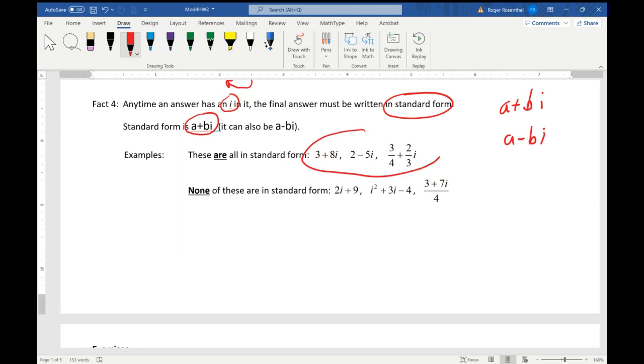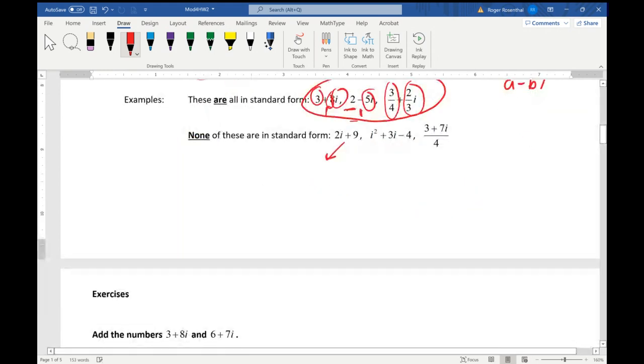For instance, all of these are in standard form. They're a number plus a number times i. A number minus, remember minus is okay, a number times i. A number plus a number times i. Those are standard form. These are not standard form. For example, this one here, if I rewrite it as 9 plus 2i, now it's in standard form.